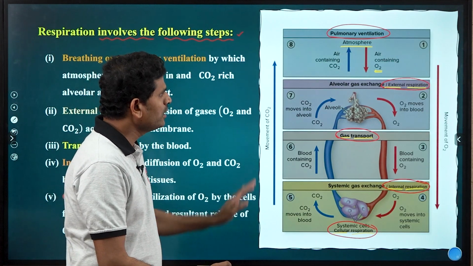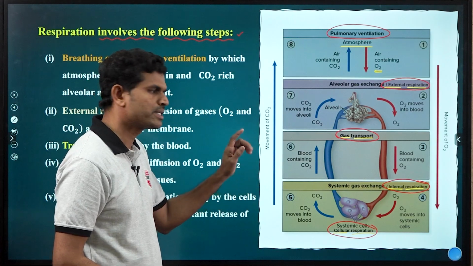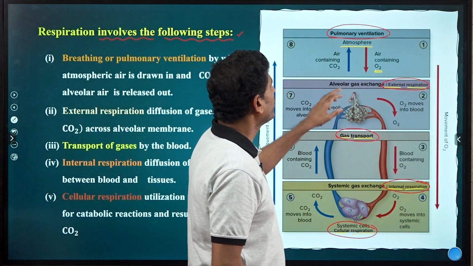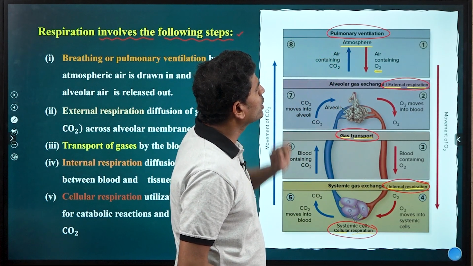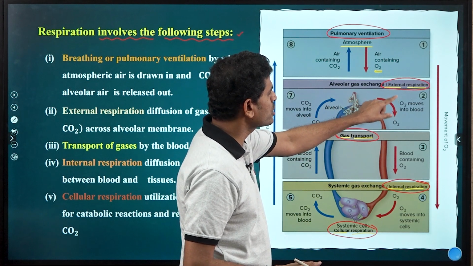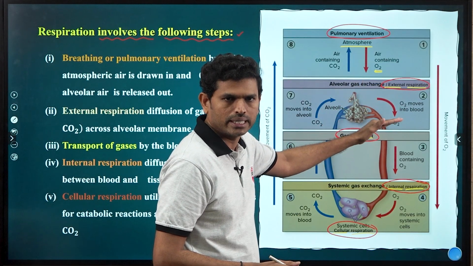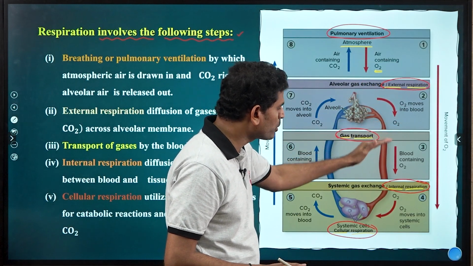Again, briefly, because this is an order based question and they may compulsorily ask it, it is important. The first step is pulmonary ventilation or breathing. The second step is external respiration, which occurs between the alveoli and blood. The third step is transport of gases.